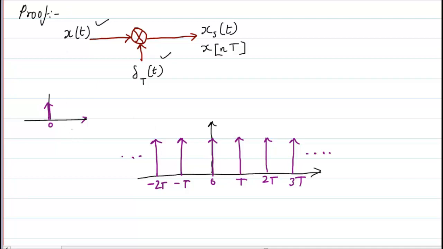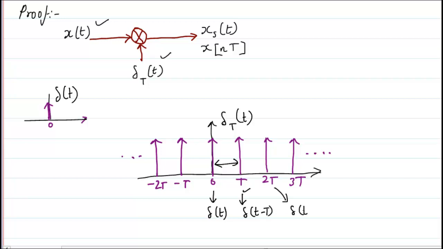This is written as delta t with a subscript of capital T, where capital T means the separation between the deltas. How do you write this signal? At t equal to 0 it is delta t, whereas this one is originally delta t but shifted, so I will write it as delta t minus T, and this one as delta t minus 2T, meaning you are delaying the signal by 2T.